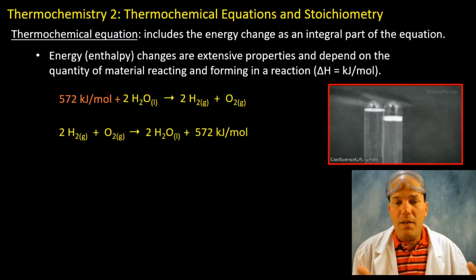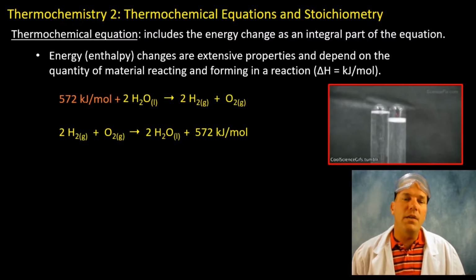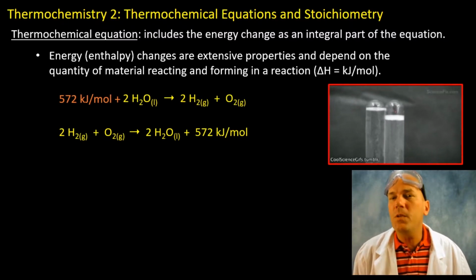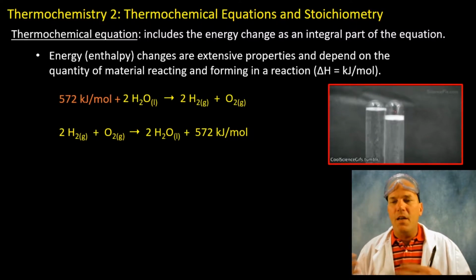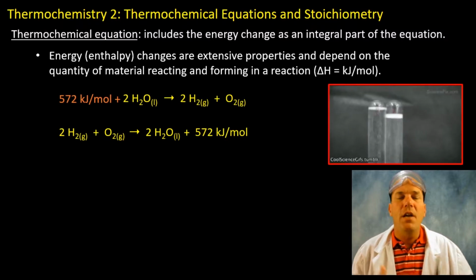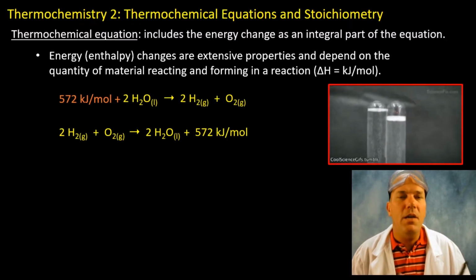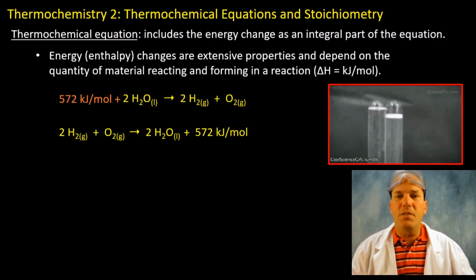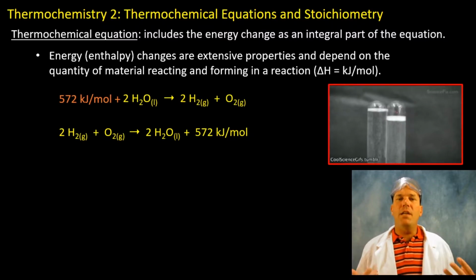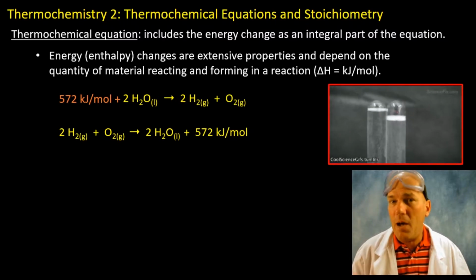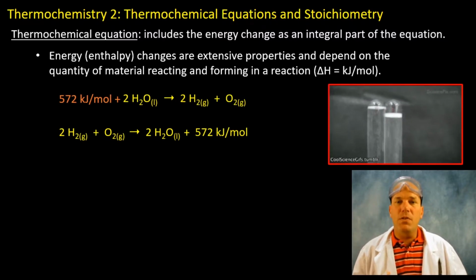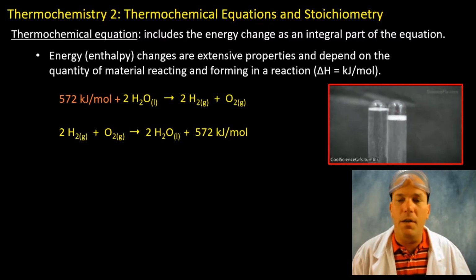And this second equation is used in fuel cells. It's used in the International Space Station because it releases energy, whereas the top equation here requires an input of energy. So in class, a battery or some sort of power source can be used to split the water here.